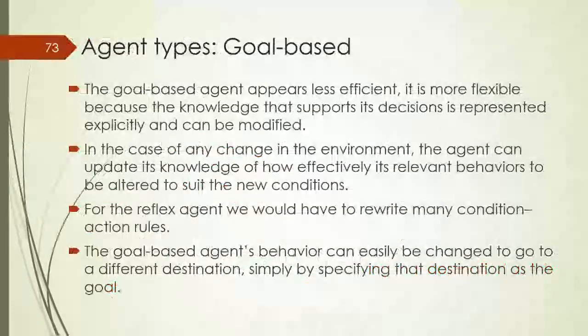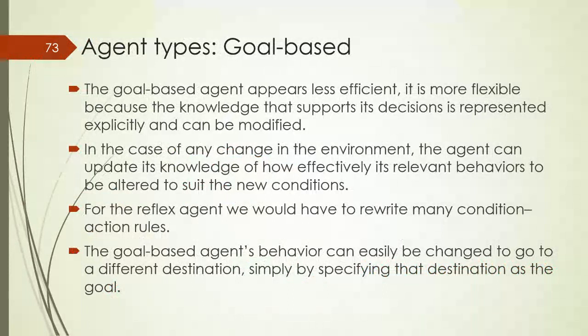The goal-based agent appears less efficient, but it is more flexible because the knowledge that supports its decisions is represented explicitly and can be modified. In case of many changes in the environment, the agent can update its knowledge so that its relevant behaviors are altered to suit the new conditions.